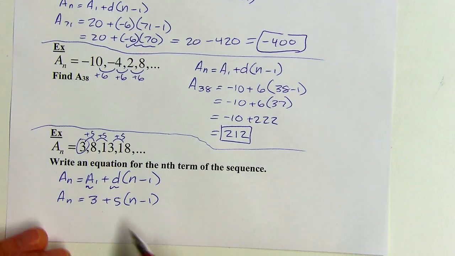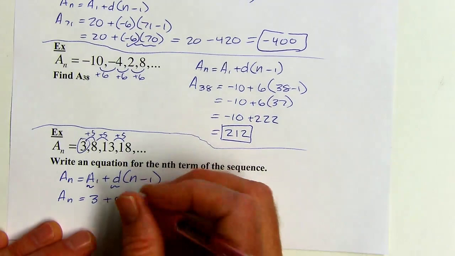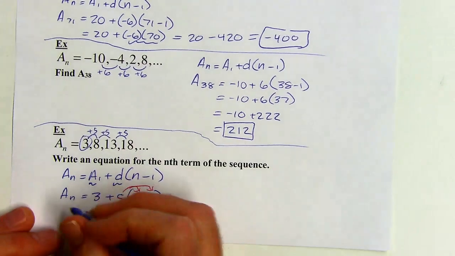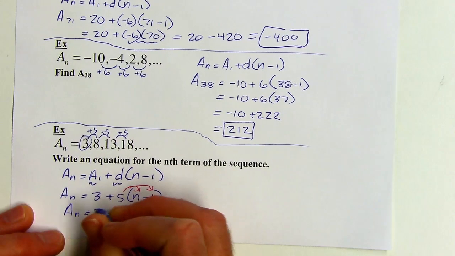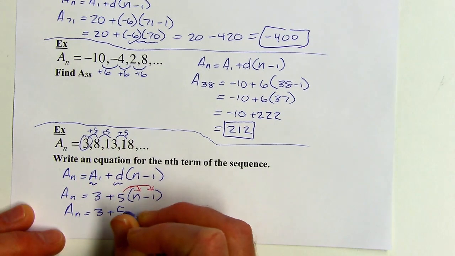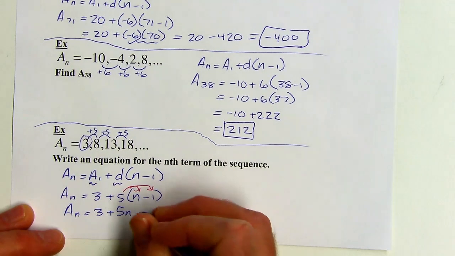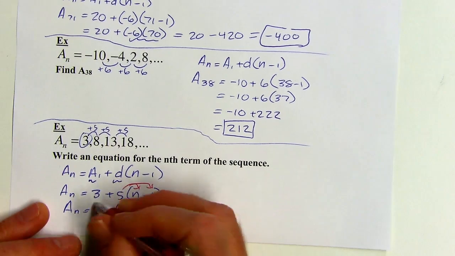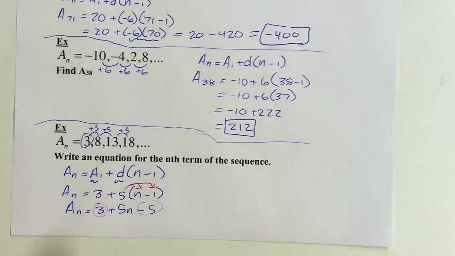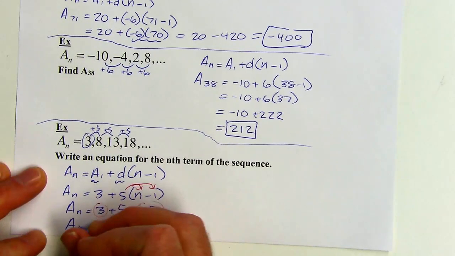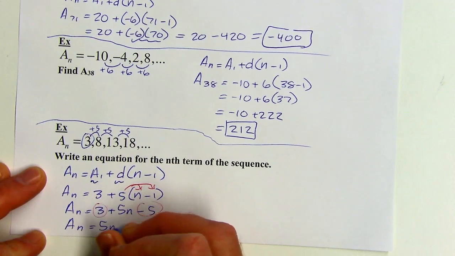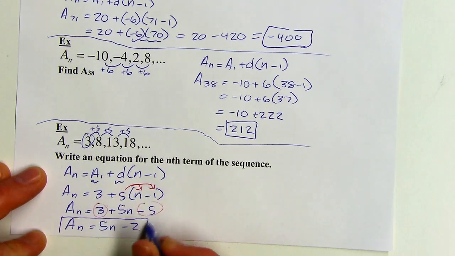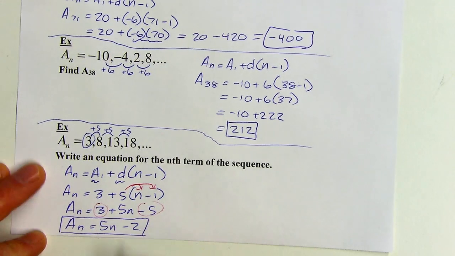If we write it without parentheses, it's considered simpler, and I can distribute. 5 times n is 5n, 5 times -1 is -5, and I can simplify a little further because I've got these like terms now that I can combine. 3 minus 5 would be -2. And now I've got this equation written for the nth term.